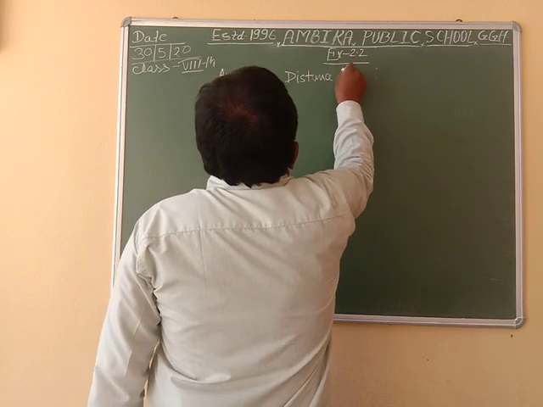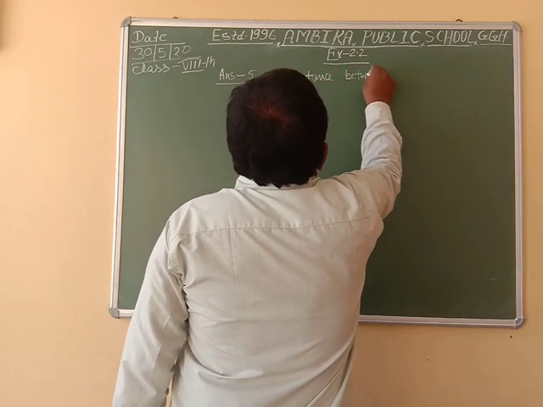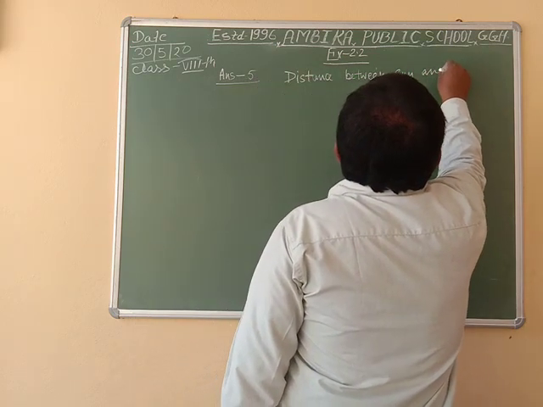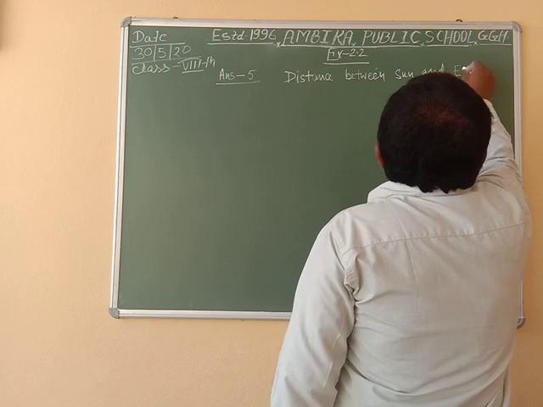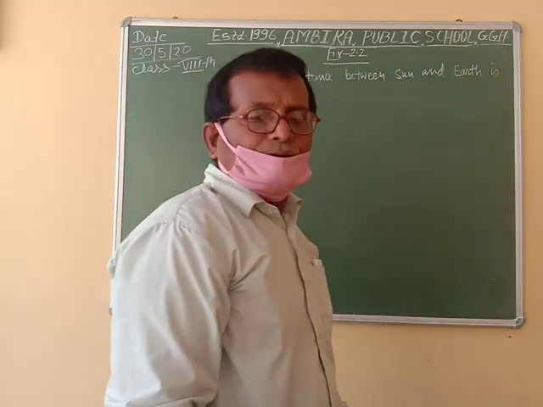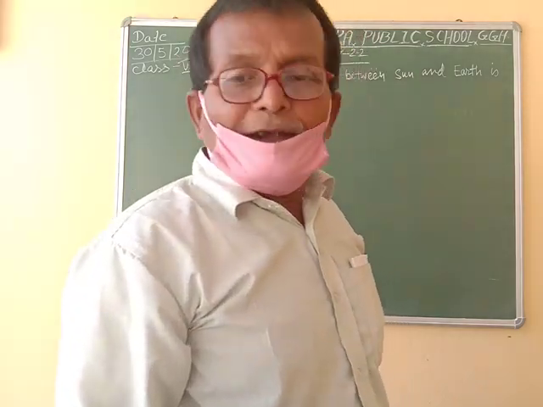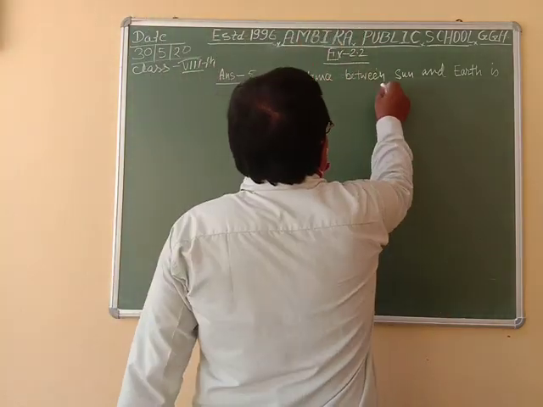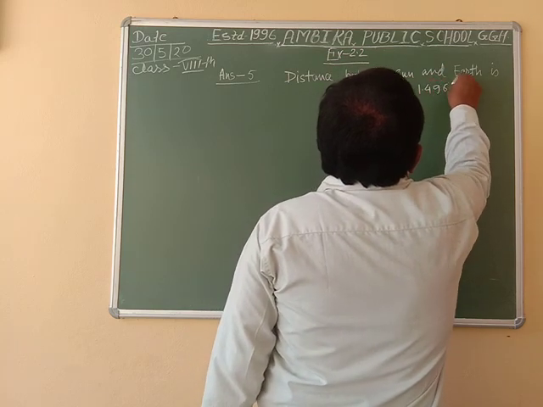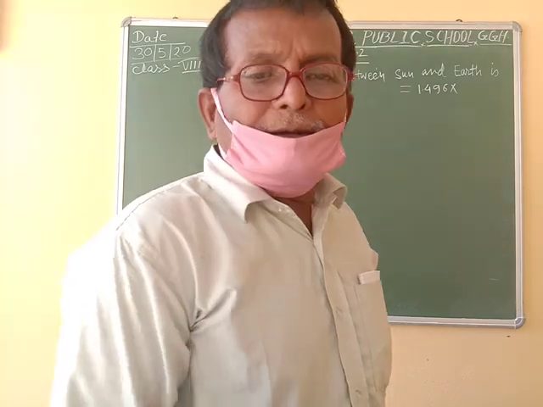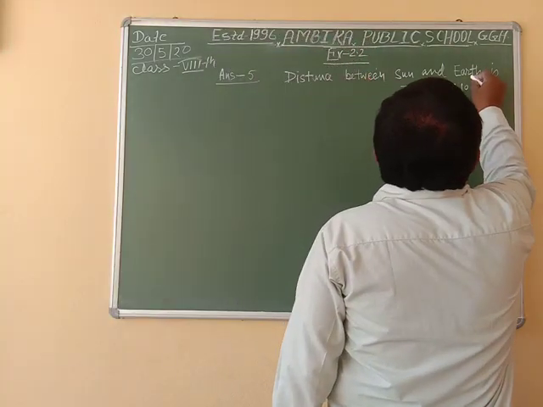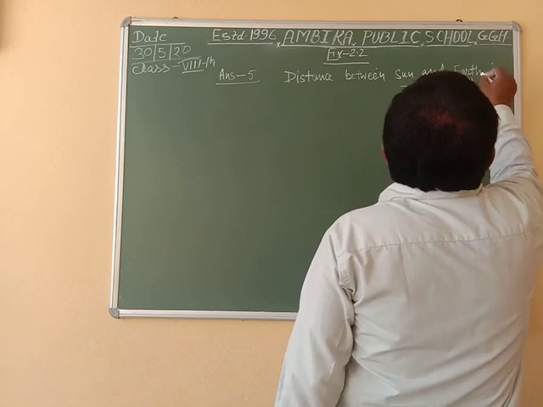Distance between Sun and Earth is 1.496 into 10 to the power 11 meter.